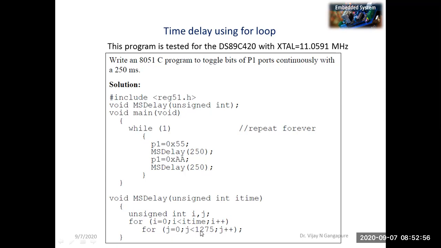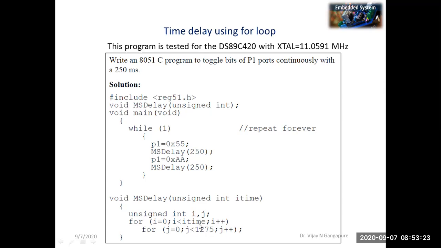From 0 to 1274, so this nested for loop will be repeated 1275 times. In total, these two loops will be repeated 1275 multiplied by 250 times.